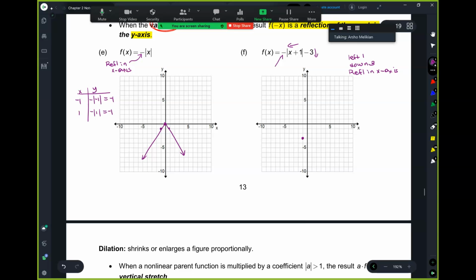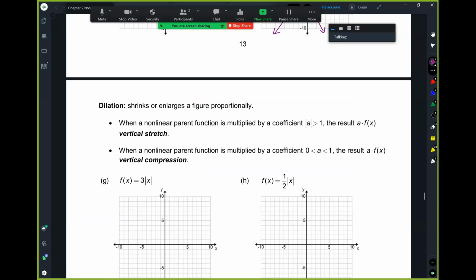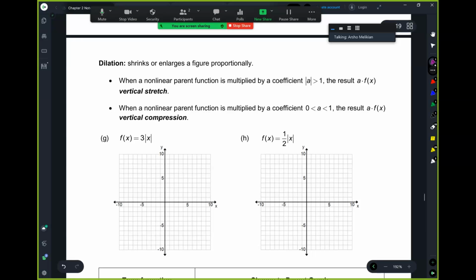Because we went left 1, down 3. But now, before the reflection, this would have been pointing upwards, but now it's going to point downwards. So now I'm going to go down 1 over 1 and down 1 over 1.